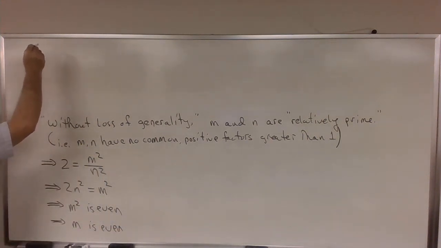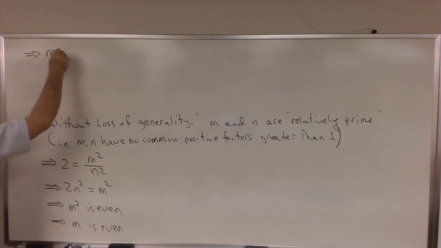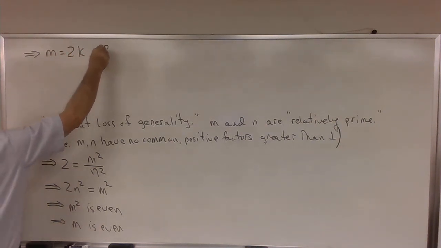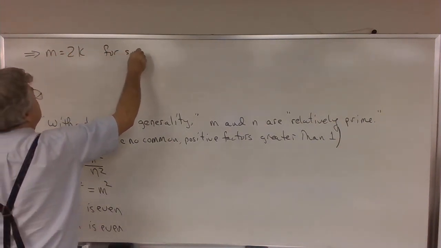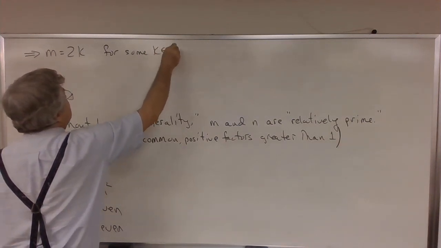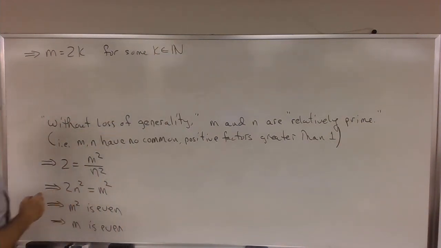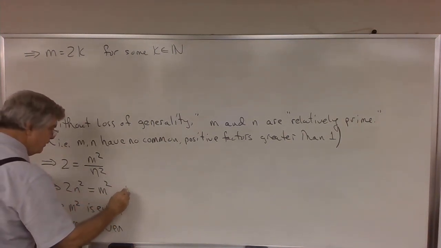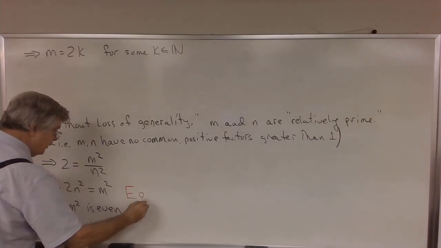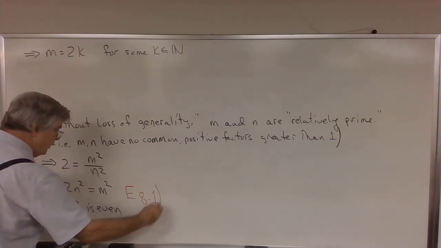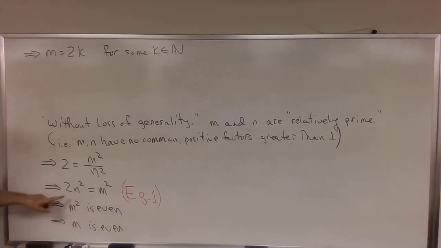So this means that m is equal to 2k for some natural number k. And now, just so that it'll be easier to follow this proof, I'm going to call this equation 1.